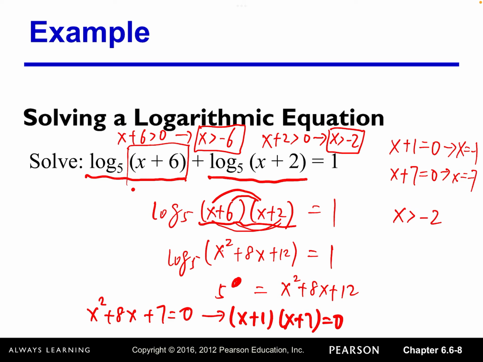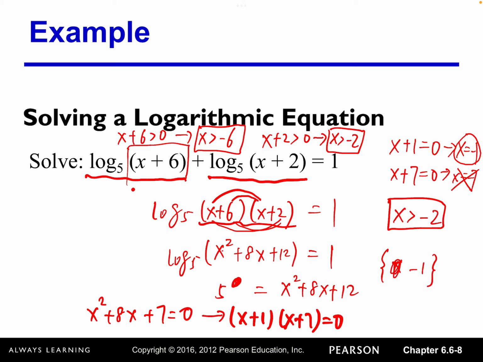Let's see, we got these two solutions. Which one is greater than negative 2? Only x equals negative 1 is greater than negative 2. That's the domain. So we have to discard x equals negative 7, which does not satisfy the domain. So the only solution for this equation is x equals negative 1.